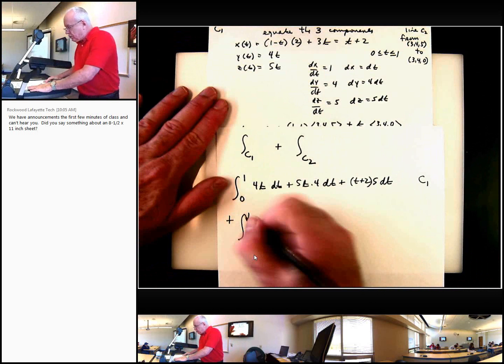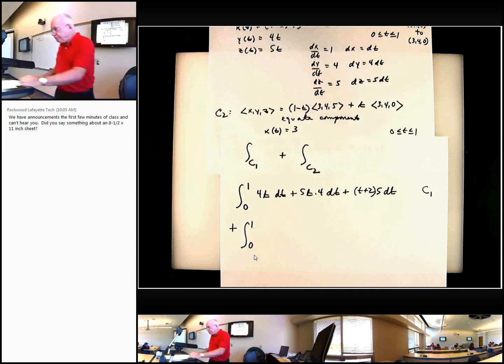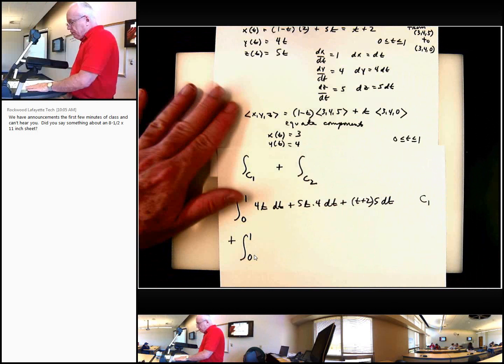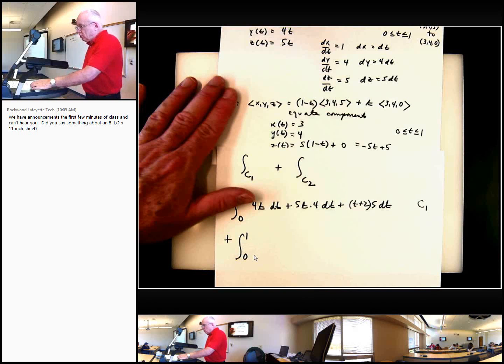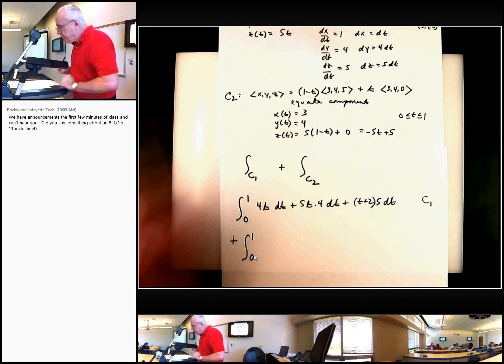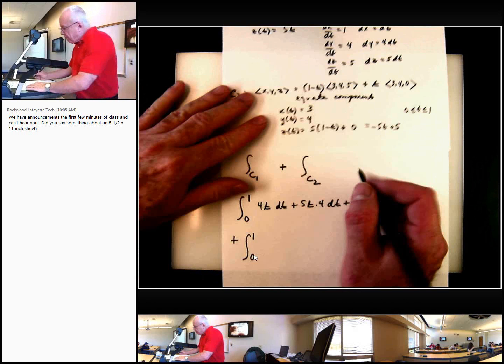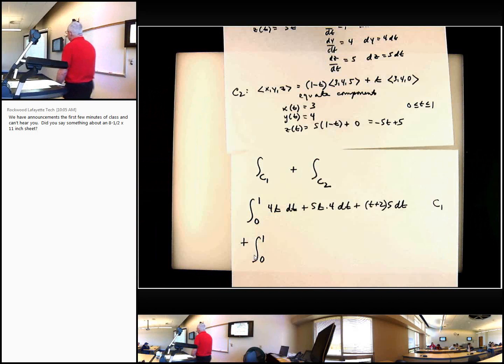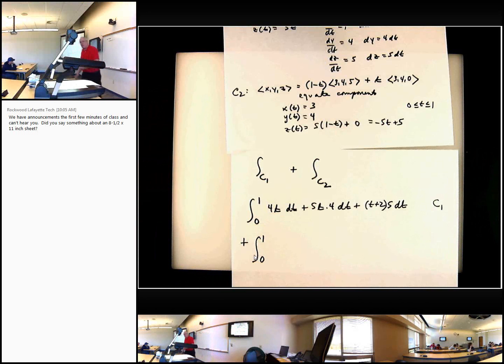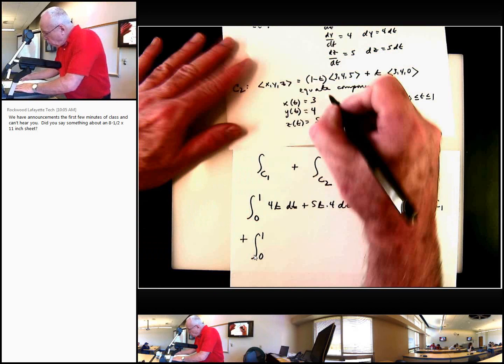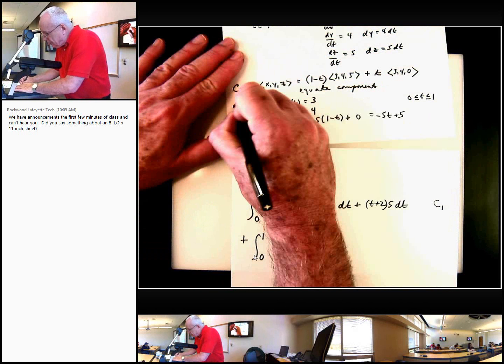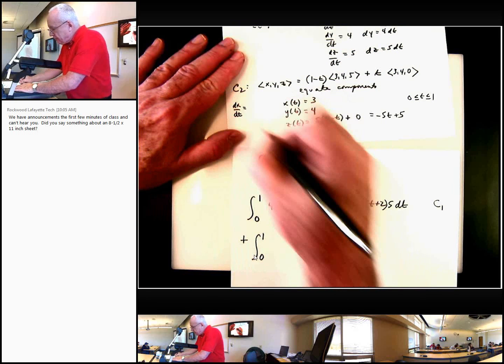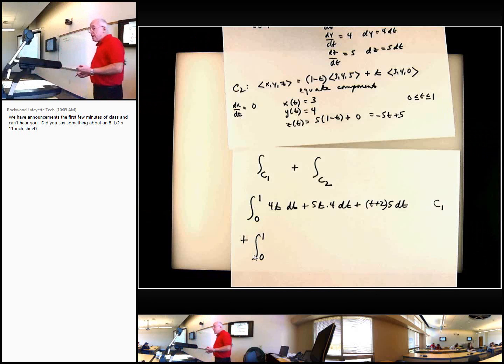And then let's look at C2. C2 is going to also go from 0 to 1, and it's going to be a lot shorter. Oh, I forgot to do this. We did our parameterization for C2: x of t is always 3, y of t is always 4. So what is dx/dt for C2? That's going to be 0, because it's a constant.